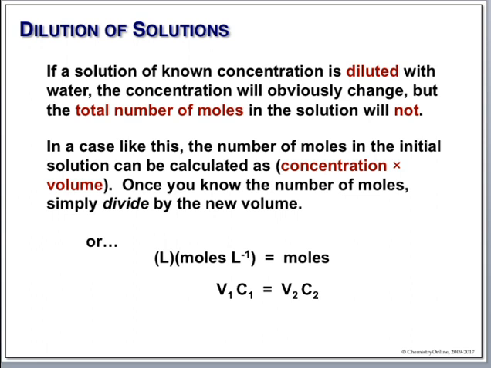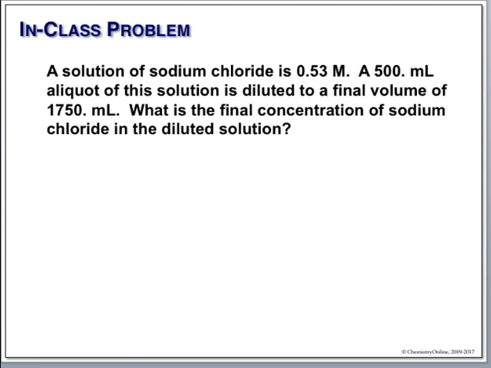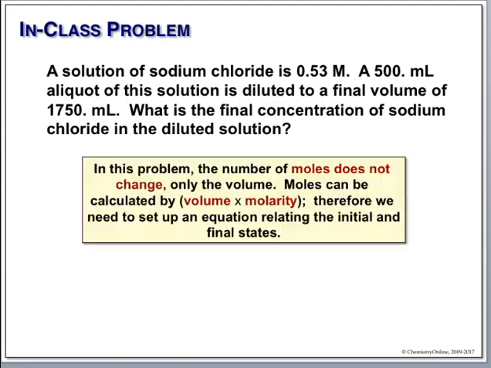So let's see how we do this. We have 0.53 molar sodium chloride. We take 500 mils and dilute it to a final volume of 1750. What's the final concentration of our sodium chloride? The number of moles hasn't changed. Just the volume and, of course, the concentration. Moles have not changed. For our initial state, we will calculate the moles by volume and molarity.